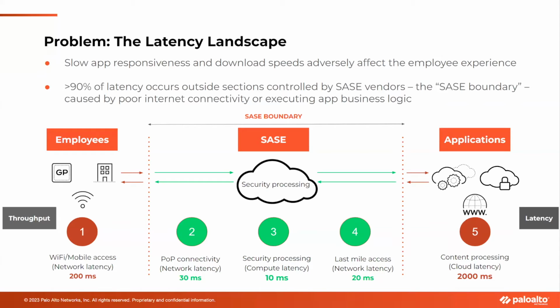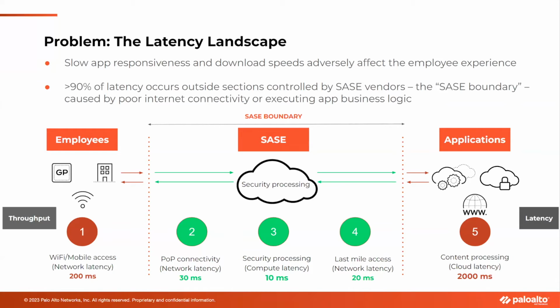We can talk about X milliseconds, it could be 100, 200, whatever it is, plus the left-hand side, your ISP provider, your Wi-Fi, your WAN access, that introduces another X milliseconds of latency. So that's where people are really focusing.